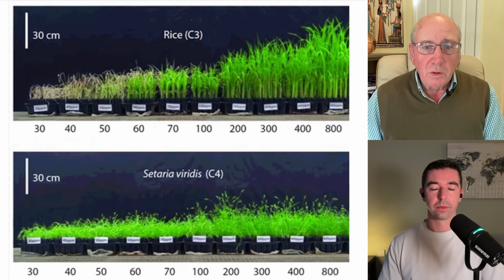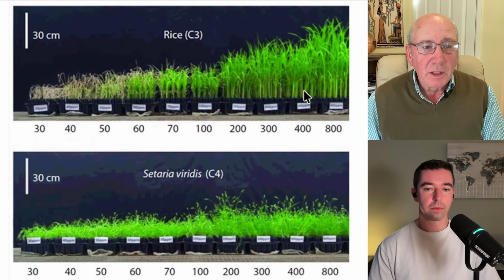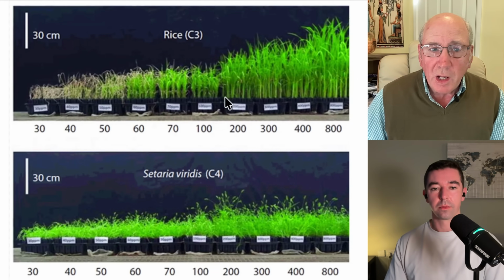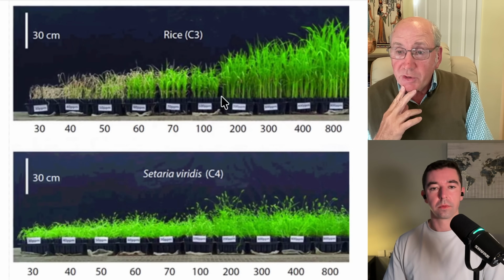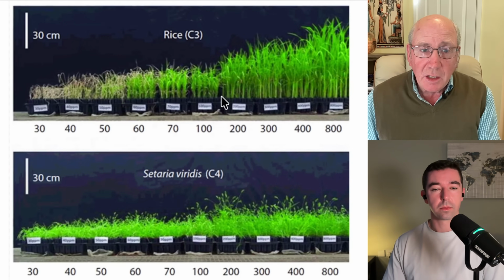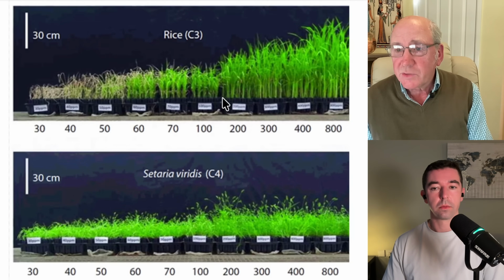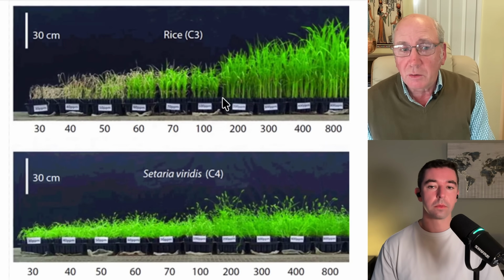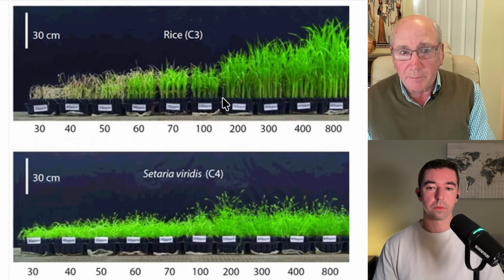So we're at present at 400 CO2 here, parts per million. When you get down to 150 parts per million, all C3 plants will die. Now, they're not dead here, but what happens is they cannot complete a life cycle. So they can't reproduce. And so C3 plants will die at 160 odd parts per million.